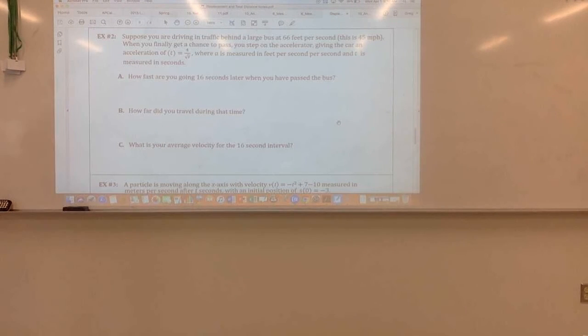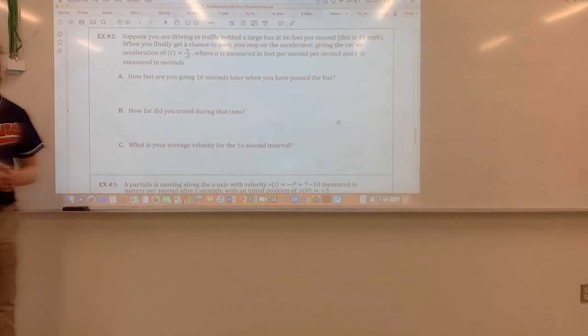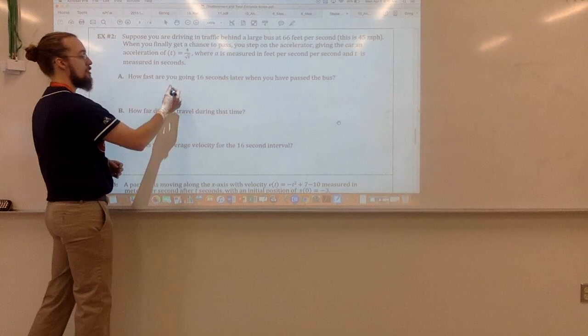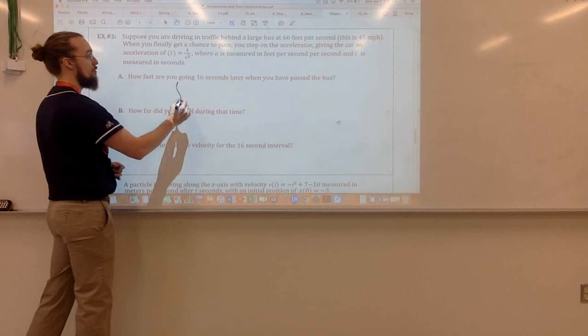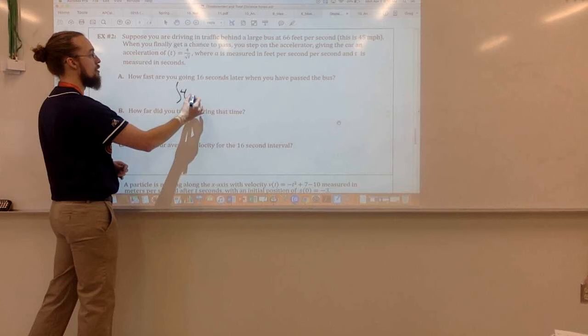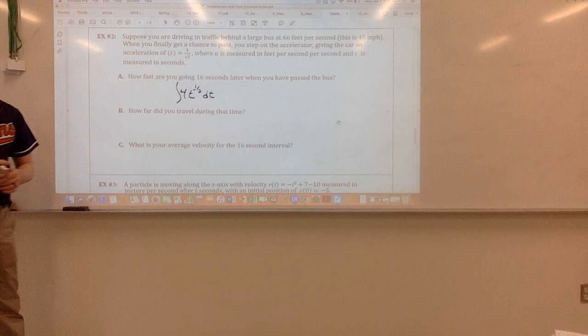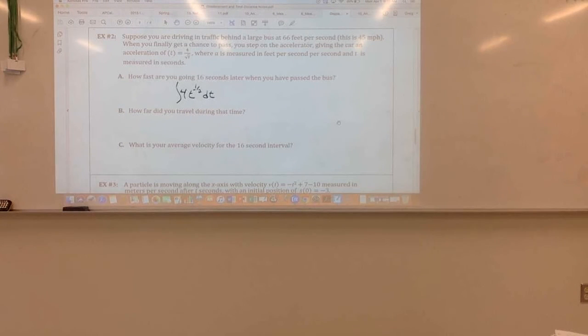We will need velocity. We'll need to take the antiderivative of this 4 over the square root of t, and I'll go ahead and write it as 4 times t to the negative 1/2. What else do I need here?